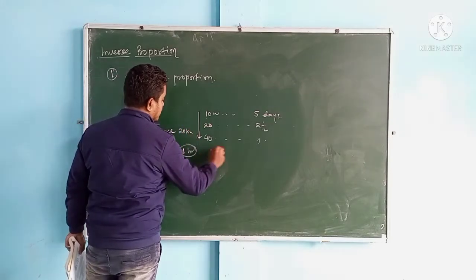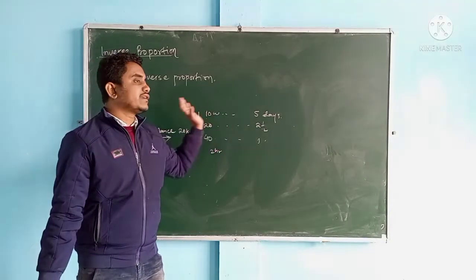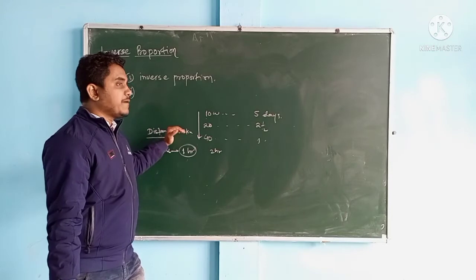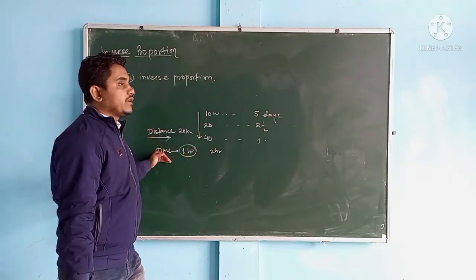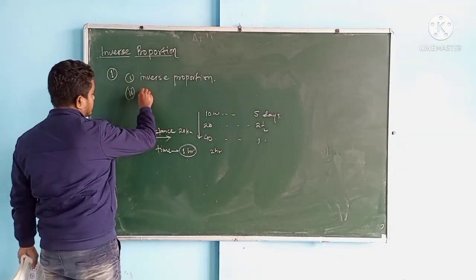In 2 hours, it can travel 40 kilometers. In 3 hours, it can travel 60 kilometers. That means as the distance increases, the time taken to travel also increases. If one of the terms increases, the other also increases. So this one is in direct proportion, so not an inverse proportion.